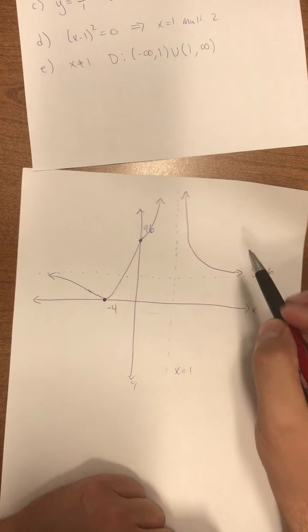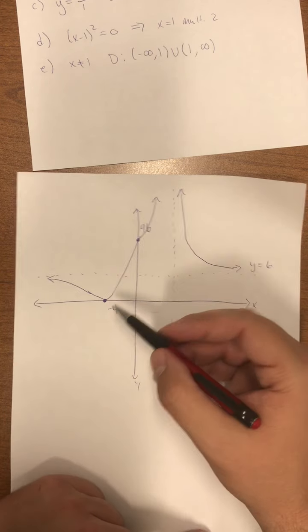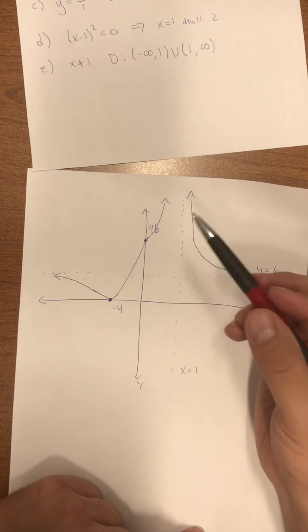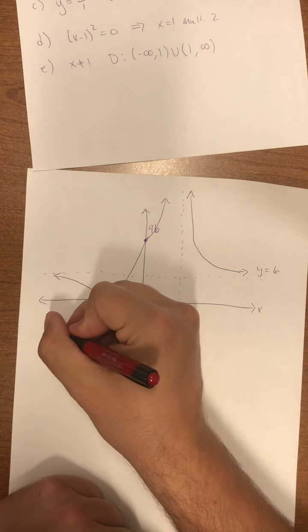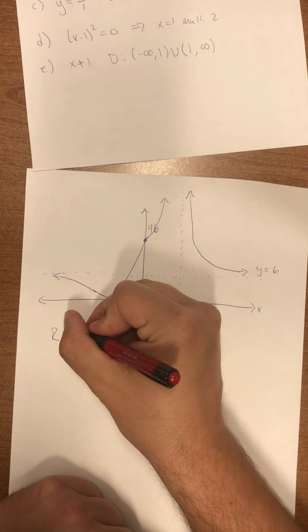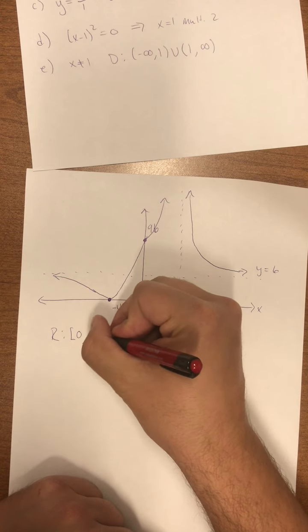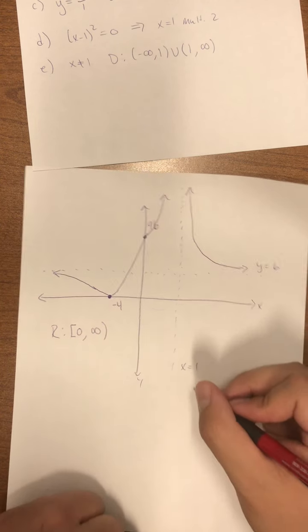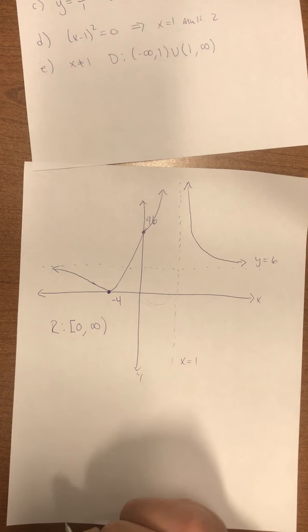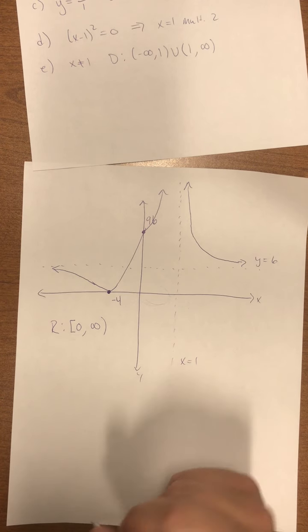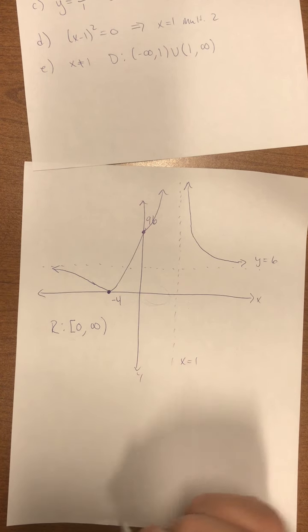Kind of putting the pieces of the puzzle together, we can look at this along with the previous page and determine the range. The range is defined at y equals 0 and it goes up to infinity. So the range is not necessarily as straightforward of a calculation as the domain. For the domain, we just set the denominator equal to 0.